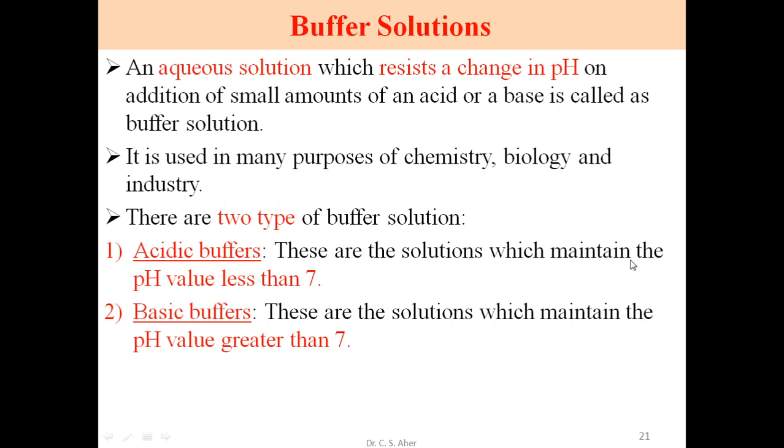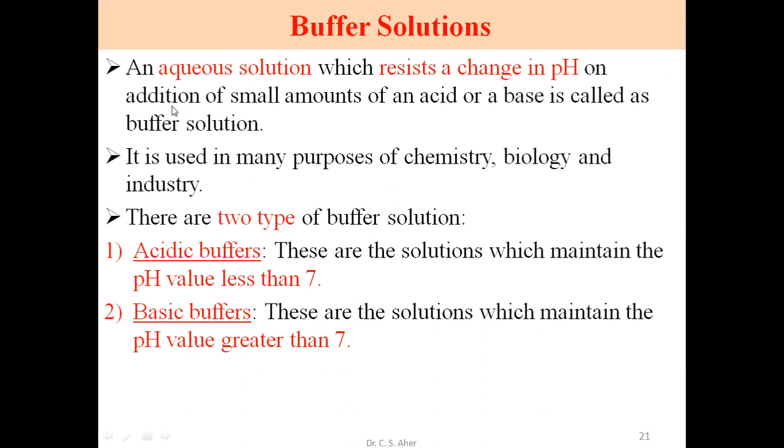These are solutions which maintain a pH value less than 7. So what is this buffer? It is an aqueous solution which resists the pH change on addition of a small amount of acid or base. It maintains the pH, and does not allow the solution to change its pH by addition of, see, this word is important, a small amount of acid or a small amount of base. This solution resists the change in pH, and depending upon the solution's pH, we have two types.